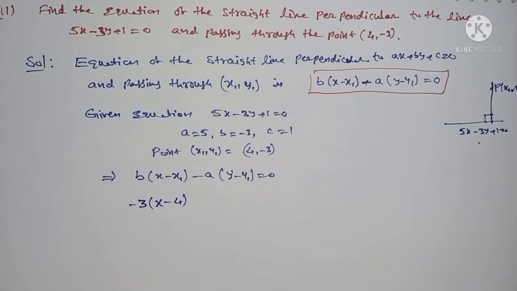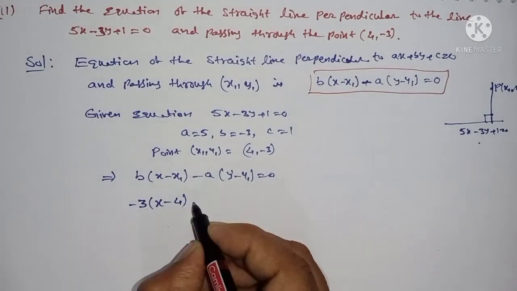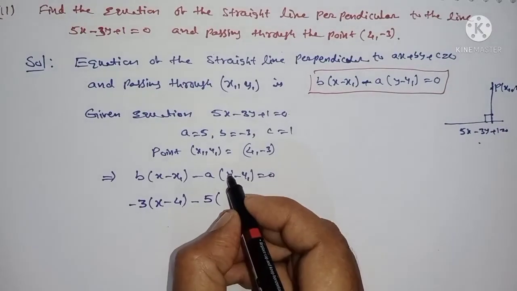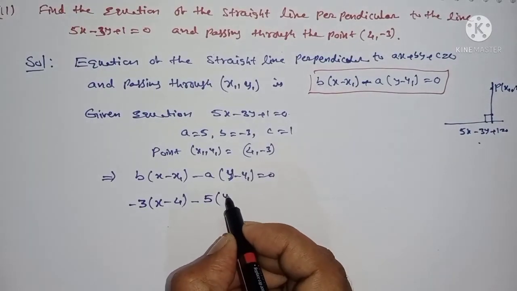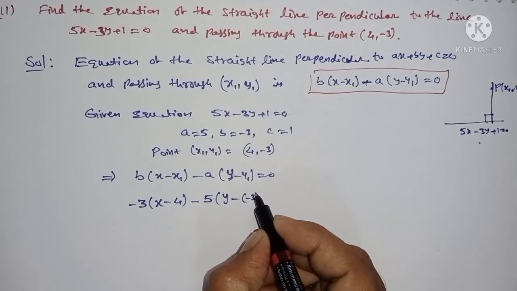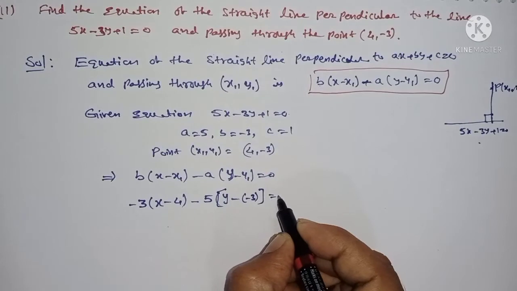And minus, as it is, a is nothing but 5, y minus y1, as it is, minus 3, is equal to 0.